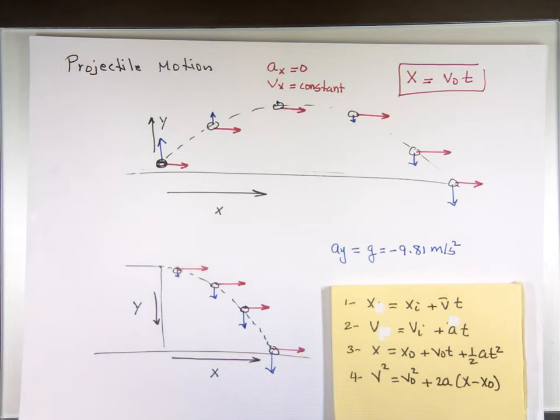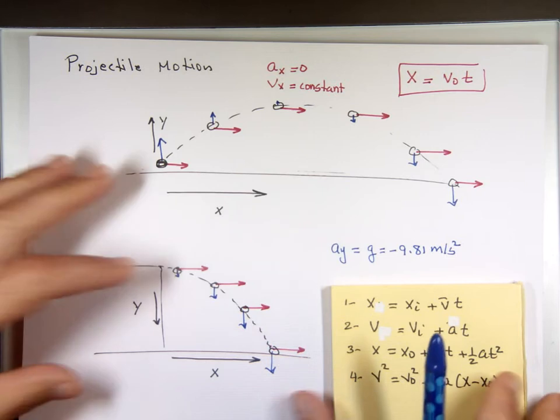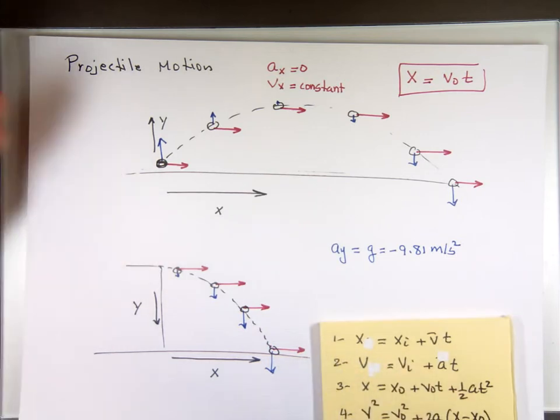Since the acceleration is not 0, you can use any of these four equations, any one of them. The only thing is when we start talking about the y direction, we might change the names of these. Instead of x, remember we use y.